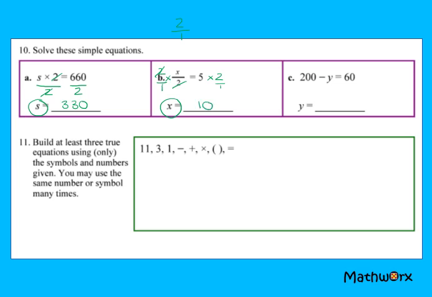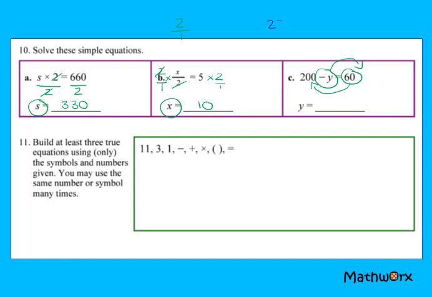Okay, let's look at C. Remember, whenever we try and get things alone and they're negative, like in this minus y here, that's circled, we try and move that to become a positive. So we're going to move the y to the right-hand side, and then we're going to move the 60 to the left-hand side. Let me use another color, and let's do this at the top here.